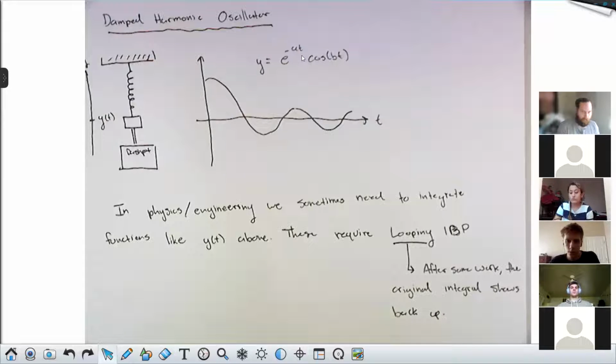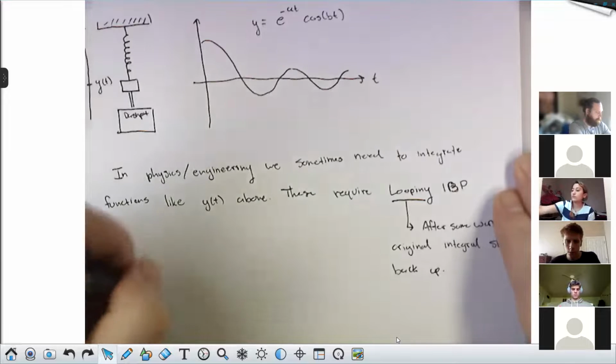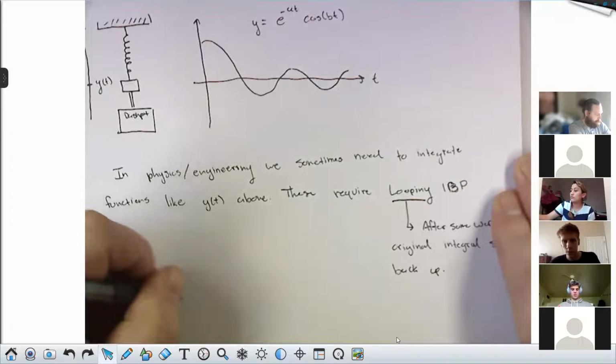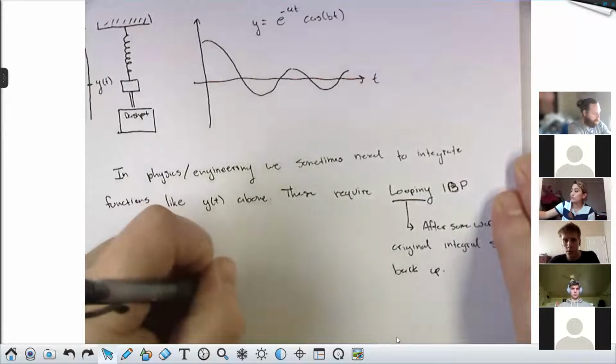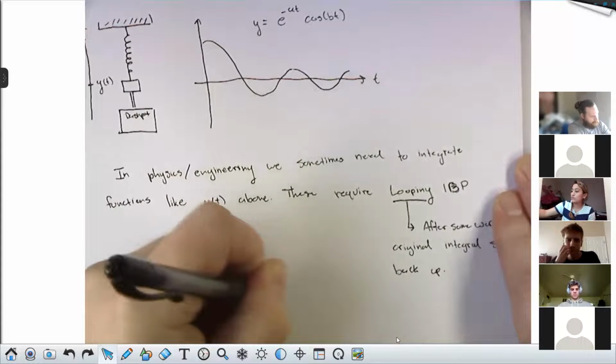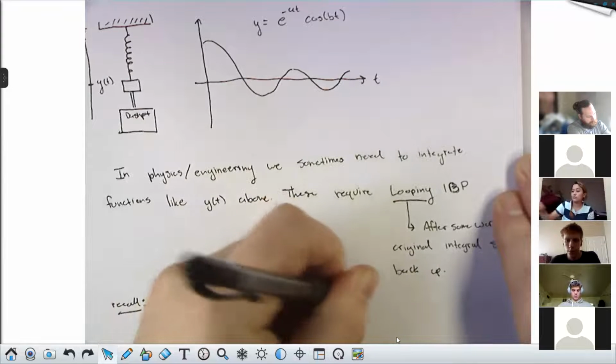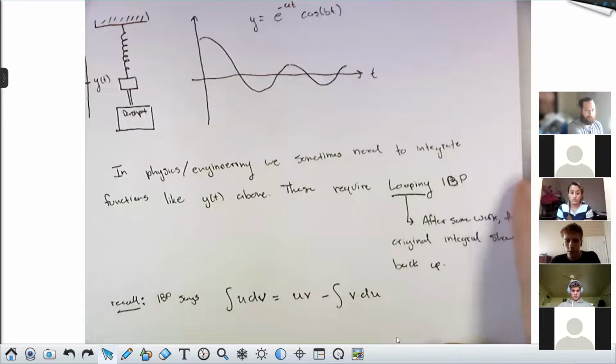Okay, so let me remind you the integration by parts formula. Integration by parts says the integral of u dv is equal to uv minus the integral of v du.